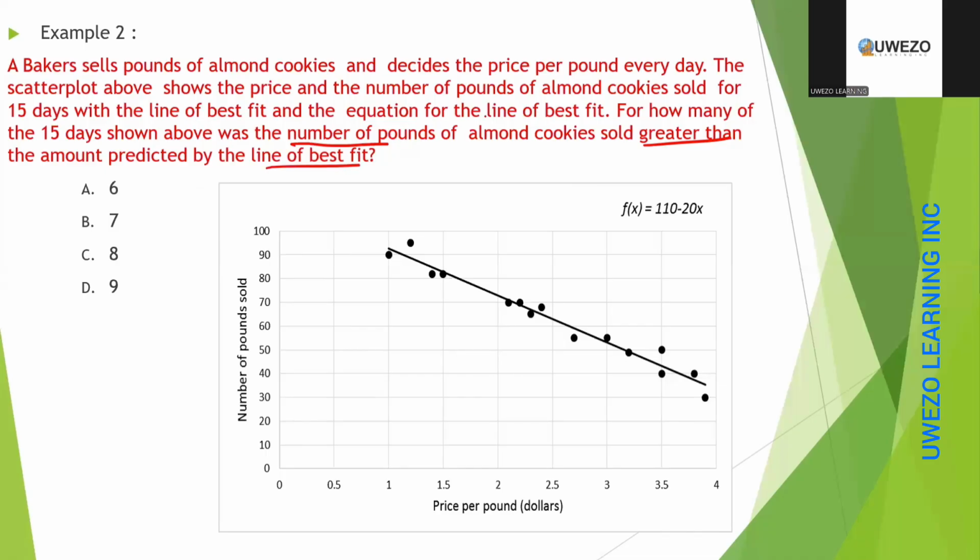So the points must be greater than the line. So that means the points must lie above the line. So we could see there are 1, 2, 3, 4, 5, and 6 points above the line. So these points represent the number of pounds that are sold greater than the amount predicted by the line of best fit.